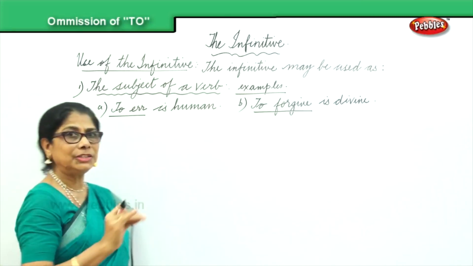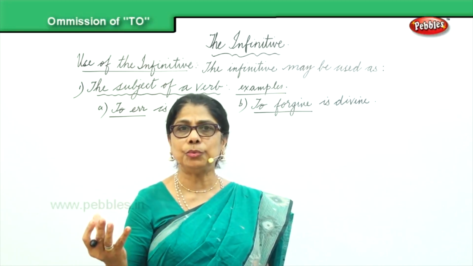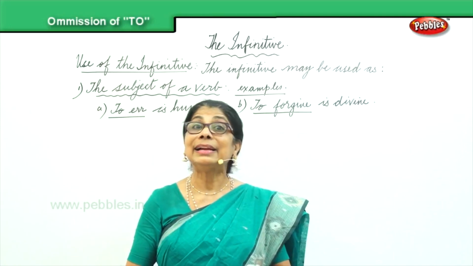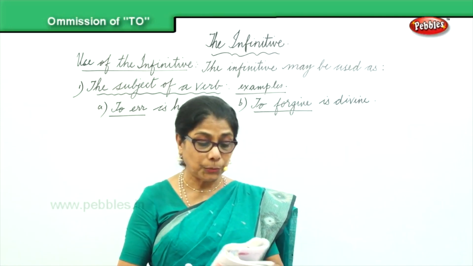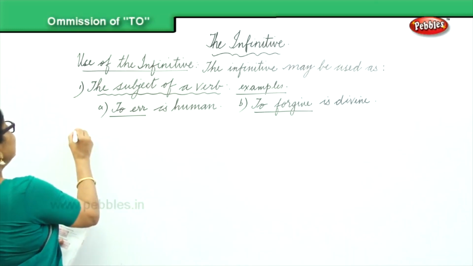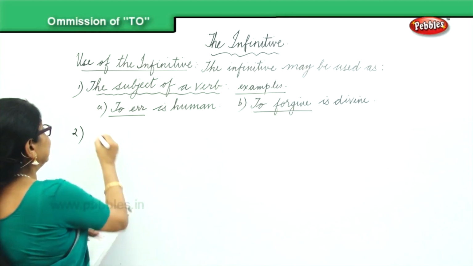To err is human, to make a mistake is human. But to forgive, it is divine. And in the second category, it is used as the object of a transitive verb.